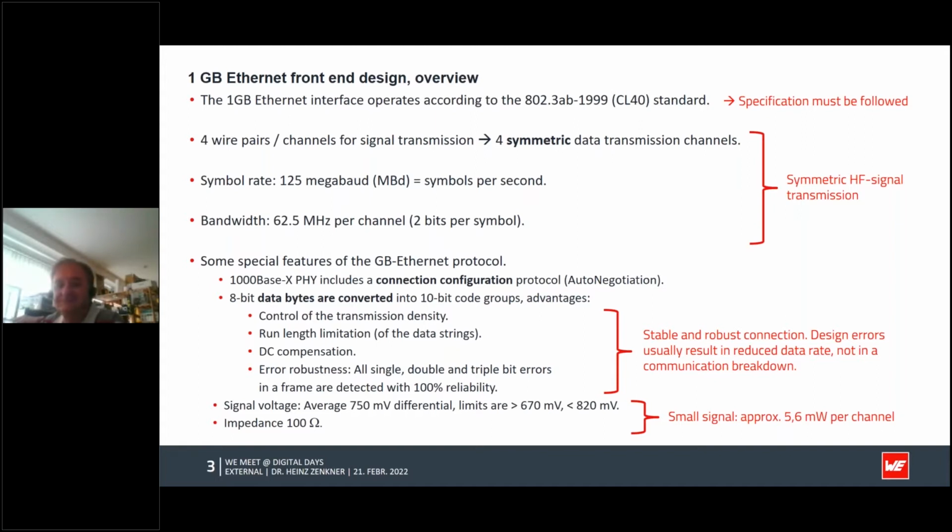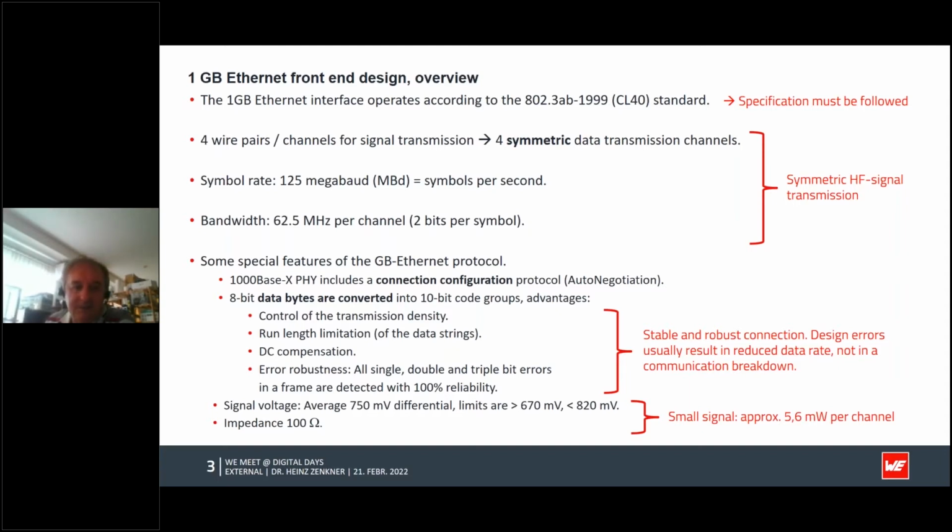This means deficiencies in the design or in the setup, as we will see in the next slides, don't necessarily break up the connection, but they decrease the data communication by data rate degradation.